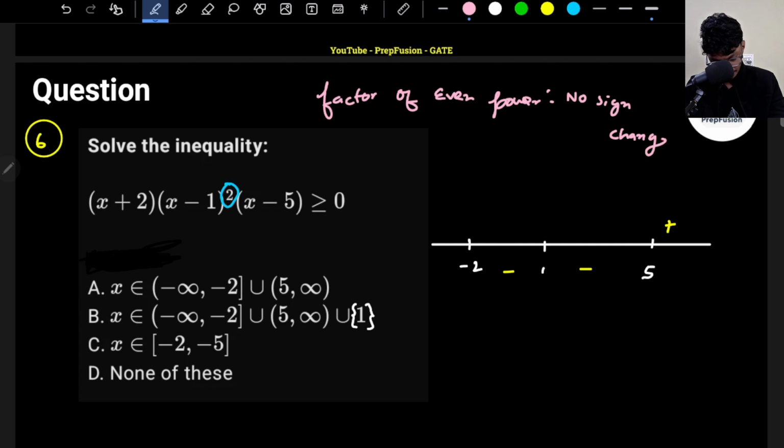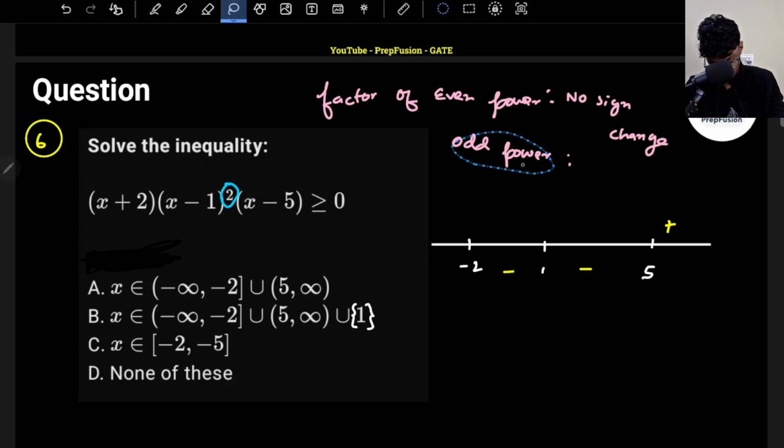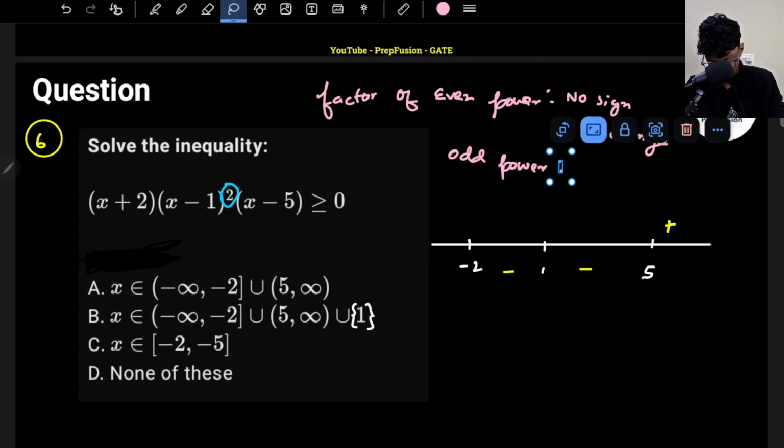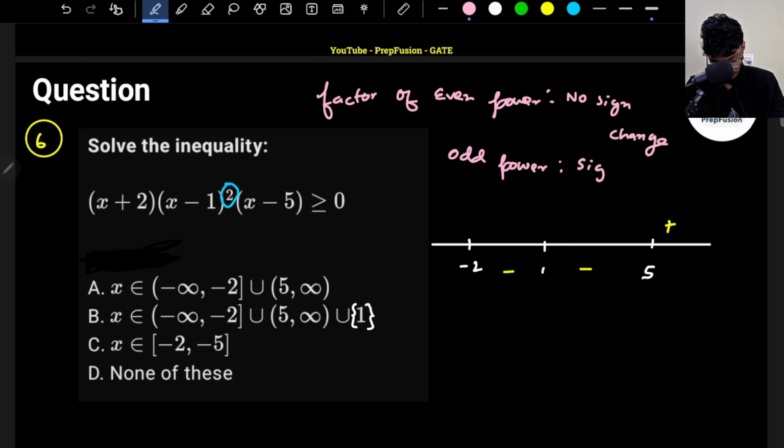Now the rule is complete. Whenever a factor of odd power comes, the sign will change.